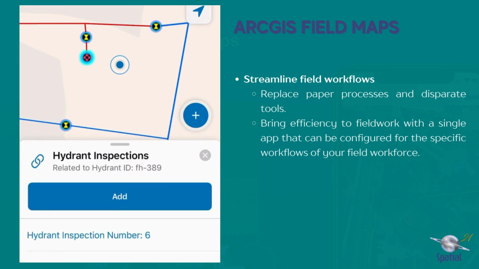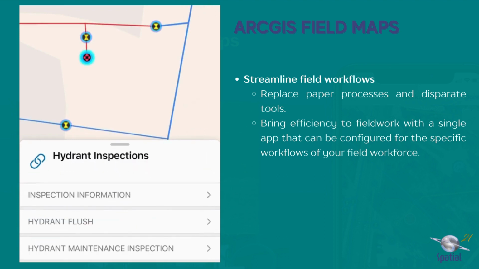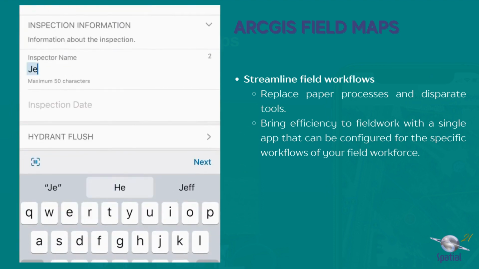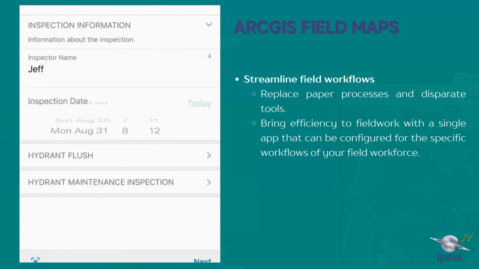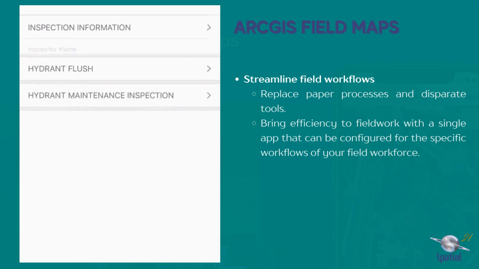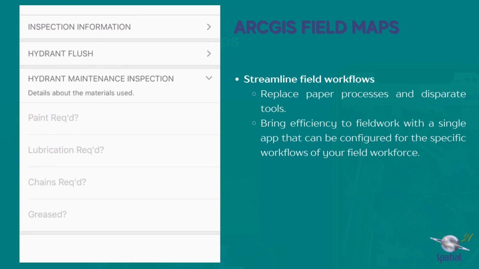Z values can also be added for 3D space modeling or analysis. When maps and features are created, the user can also build customized forms for data collection, configure the map for field use, and share the map with mobile workers.